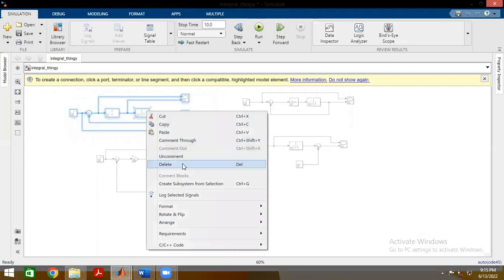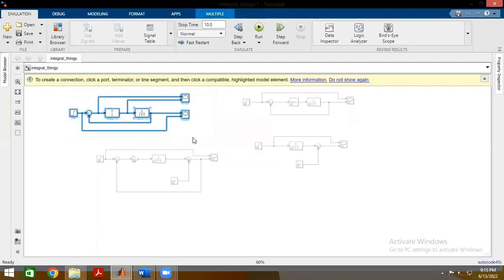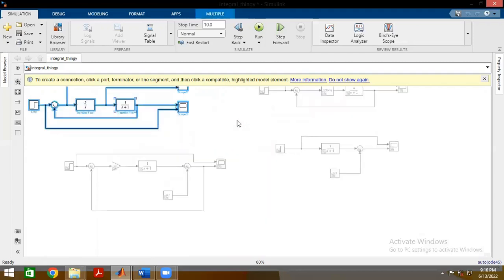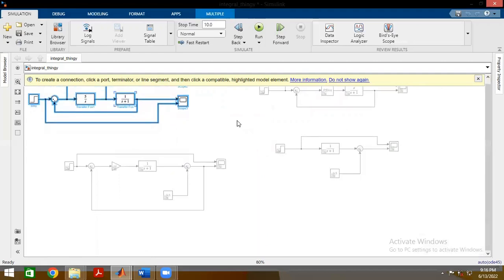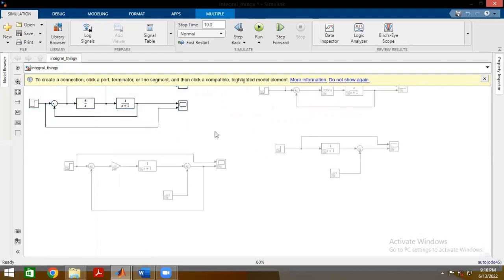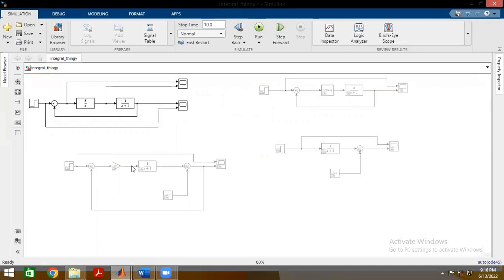This is where it becomes important. So let's uncomment that and let's bring it down a bit. Or let me go up. There we go. Right, so right over here is an integrator with the gain of 5.